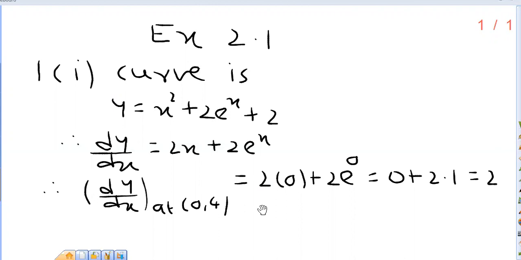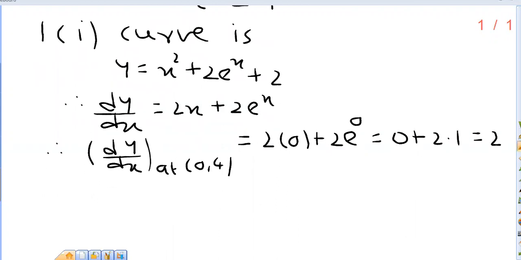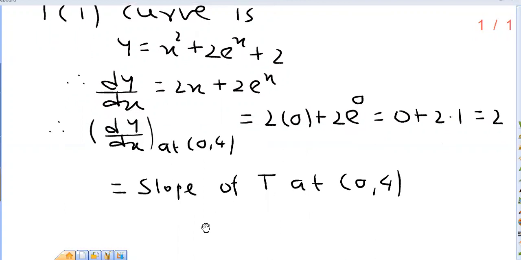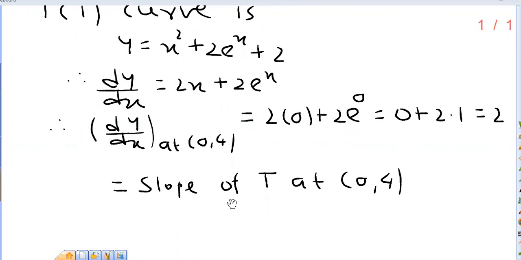Now I will write: this is the slope of tangent. Write tangent completely, don't just write t. Slope of tangent at the point (0, 4). So what is the equation of tangent?